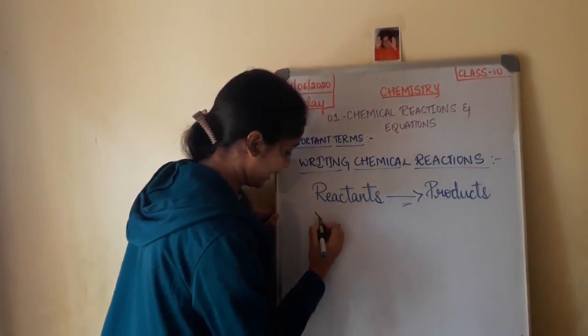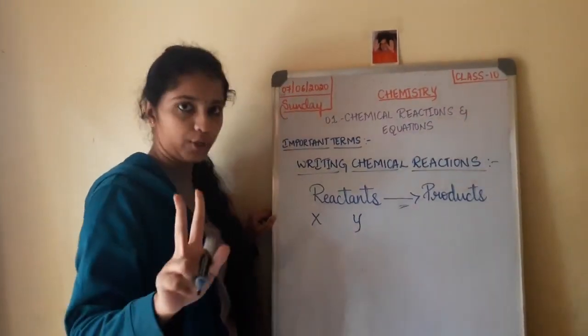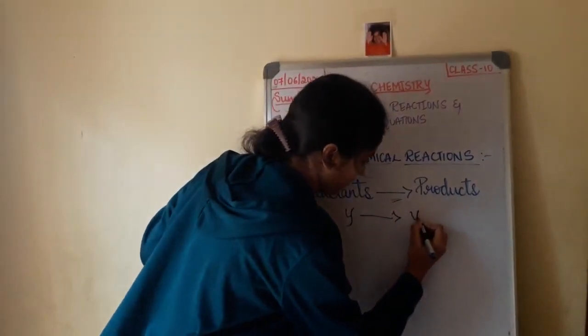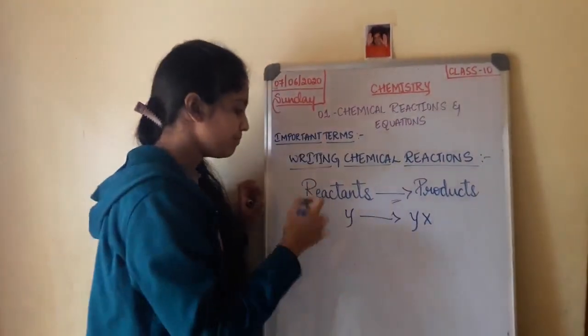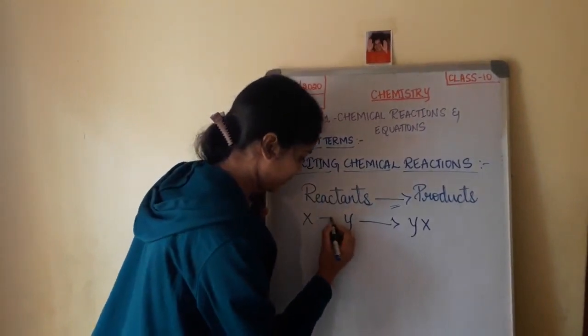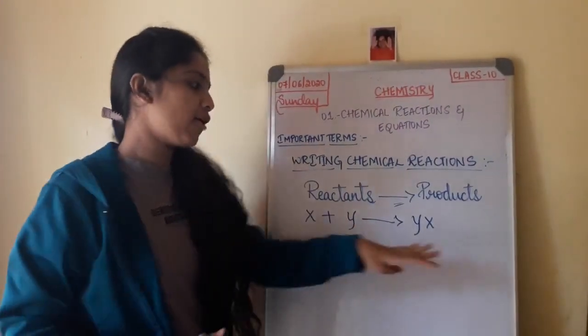Let me take X and Y as the two reactants and they form YX. This is just an example. So I separate the two reactants on the left hand side with a plus sign.